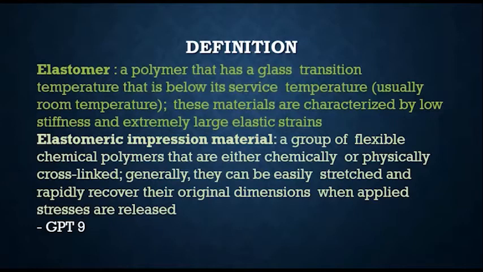Generally, they can be easily stretched and rapidly recover the original dimension when applied stresses are released, according to GPT-9. So you should remember elastomeric impression materials are generally polymers that are cross-linked chemically or physically, and they are easily stretched and return to the original dimension when the stresses are released.